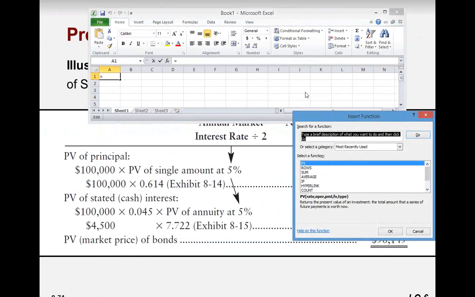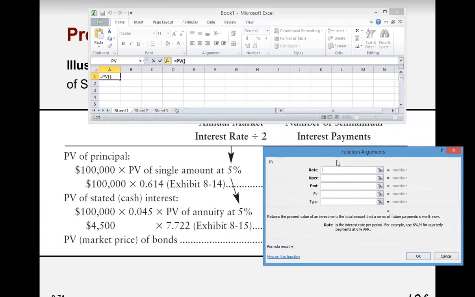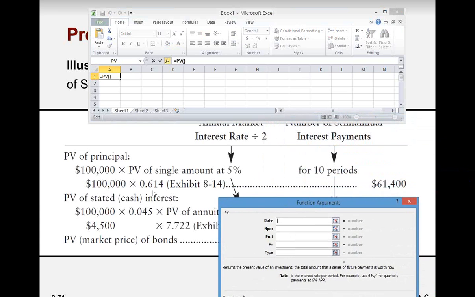If I'm going to use my functions, I would need to use present value. It pops me up the table. I said I need to use my actual market rate. My number of periods was 10. My payment amount is the actual interest payments.